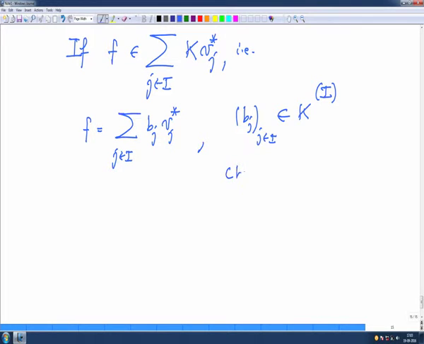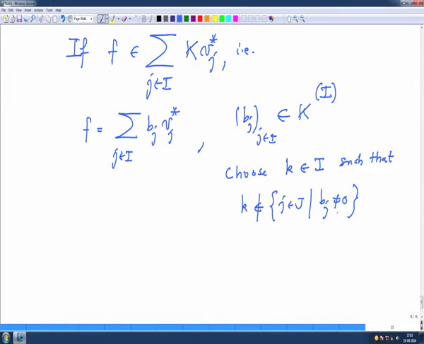So choose an index small k in I which does not belong to all those j's for which b_j's are non-zero. This is a finite subset of I, and definitely I is infinite. Therefore, I can always choose k in I which is not in this.